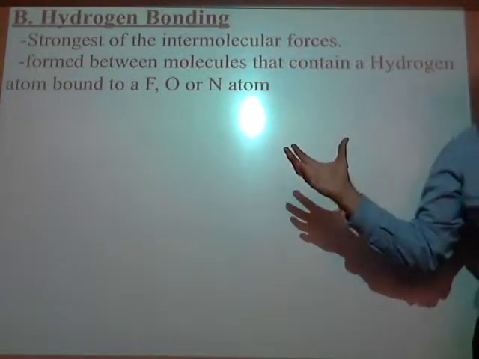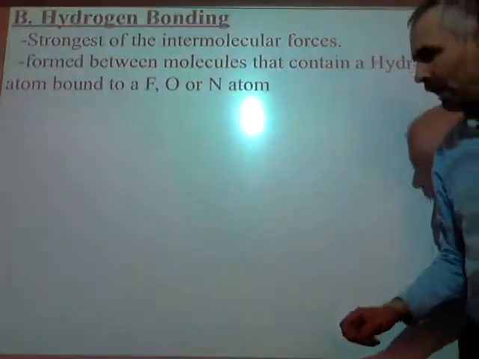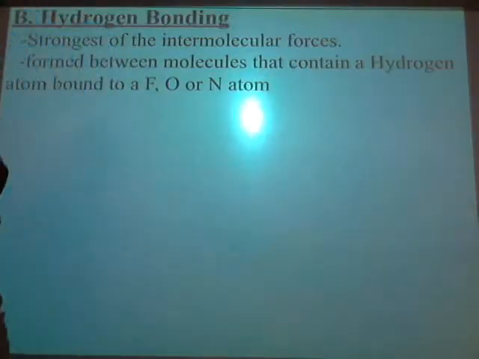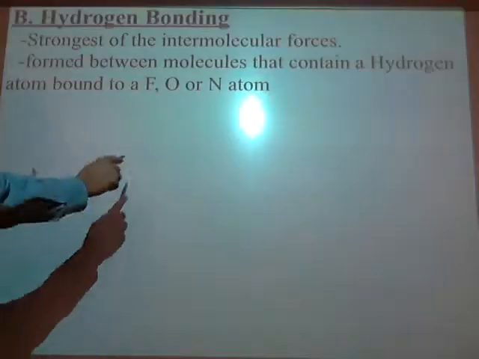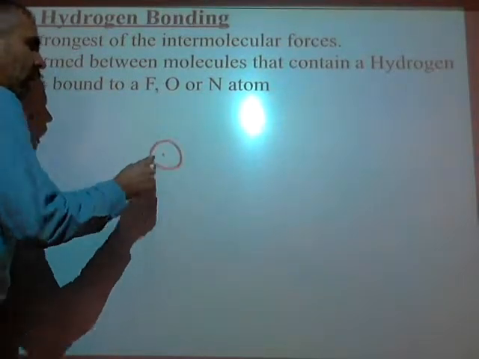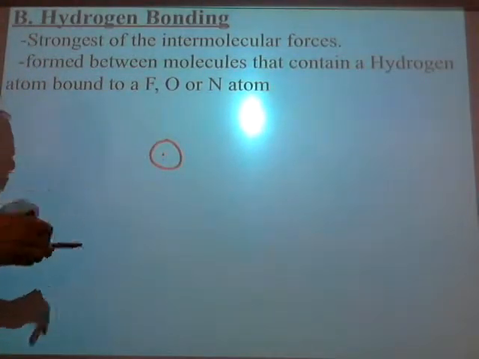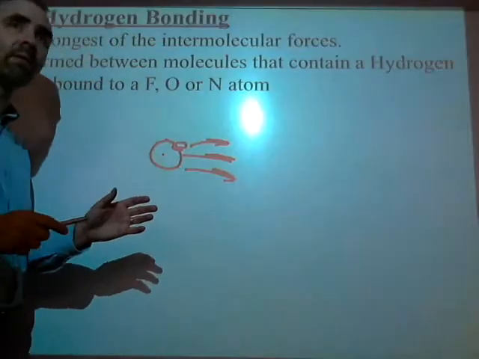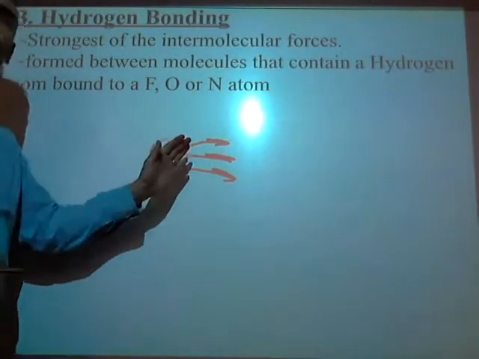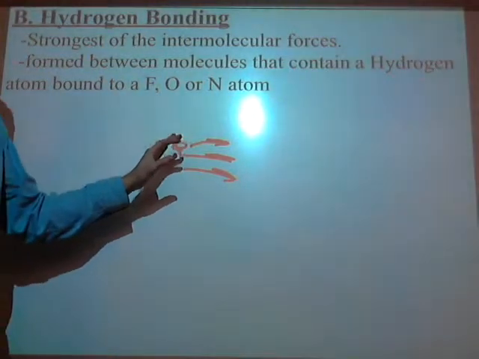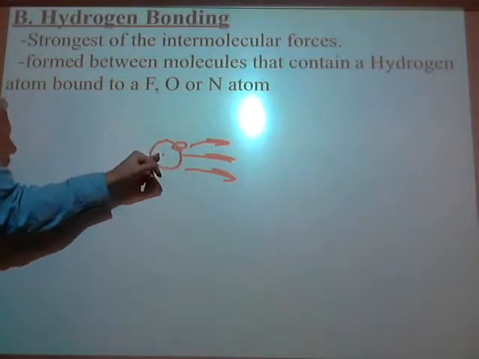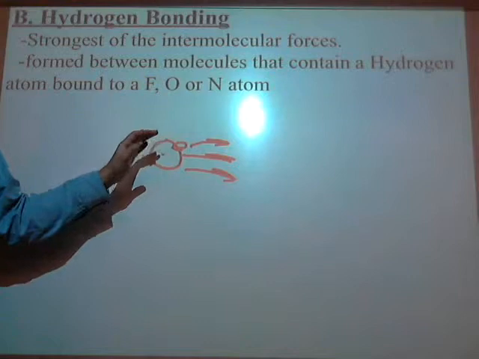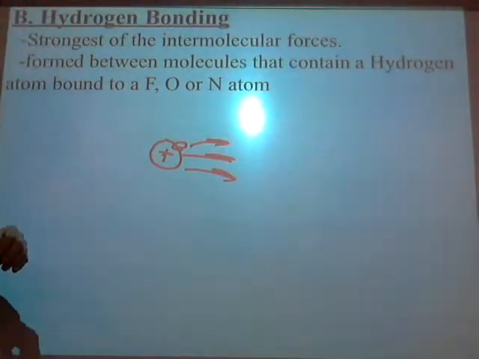Here's what happens. Remember, hydrogen only has one electron. That's key. If I have hydrogen with only one proton and one electron, and that electron is being pulled away from him a lot, that's going to leave nothing else guarding or protecting that positively charged proton left behind.